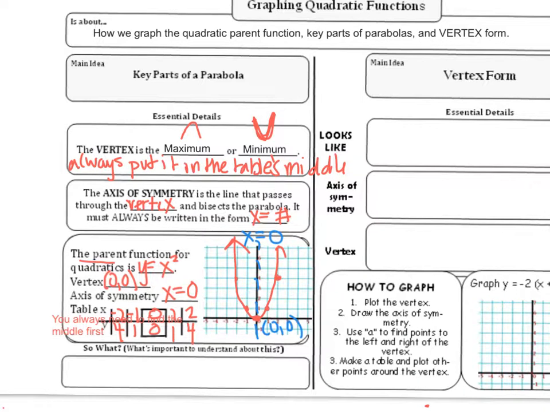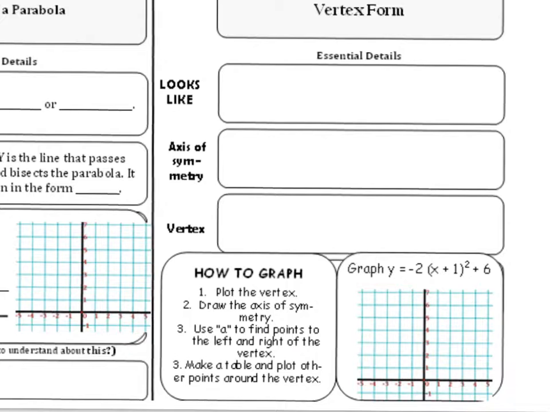And that middle is the vertex. And we have to find that first so that we know where the middle of our graph is going to be. Because if you don't graph the middle of your graph to start with, then you might just see what looks like a vertical line of your parabola. You might just see half of it. So we've got to find the middle, put the middle in the middle of our table if we're using a table, and then also make sure we graph the middle of our graph first.